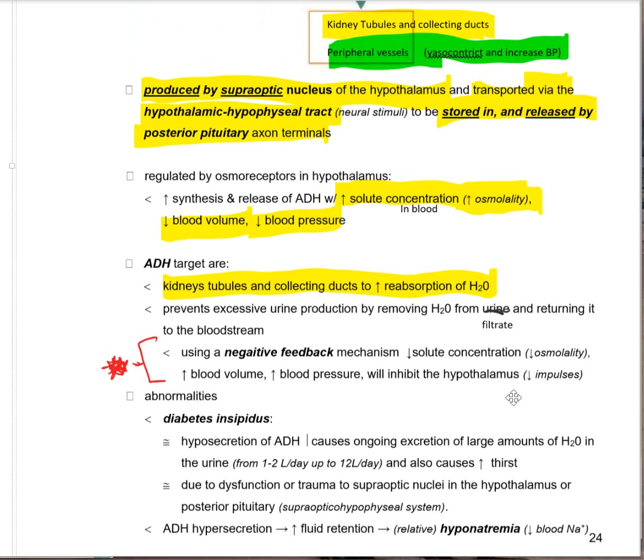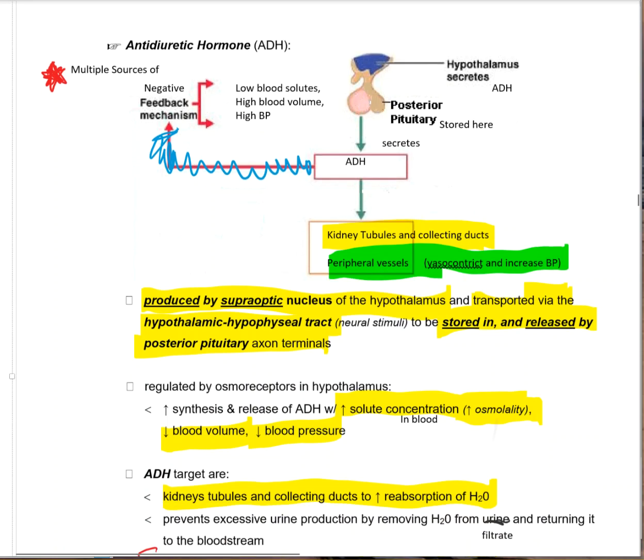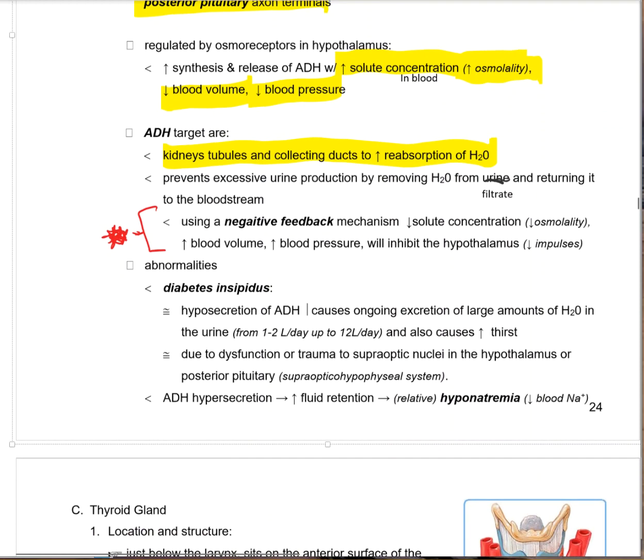So this little thing here that I just did is right up here. Multiple sources of negative feedback, and there's those multiple sources right there. Low blood solutes, high blood volume, high blood pressure. All those things will tell the hypothalamus to stop secreting ADH because we have enough water back in our blood now. Our blood pressure is high enough. Our solute levels are low enough. Okay, so that's important.